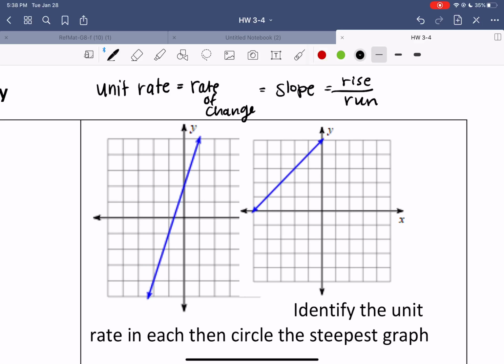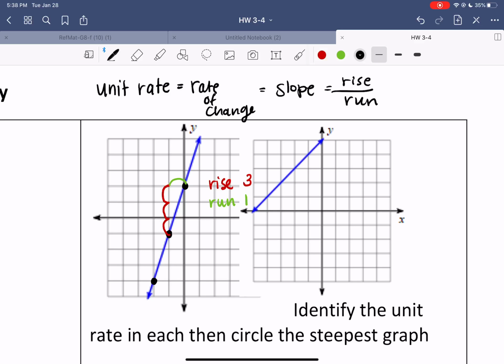So we're going to have to find our pretty points on this graph. So let's see. Seems like there's quite a few on this one. So we only need 2 in order to find our rise over run. So our rise is 3, and our run is 1.